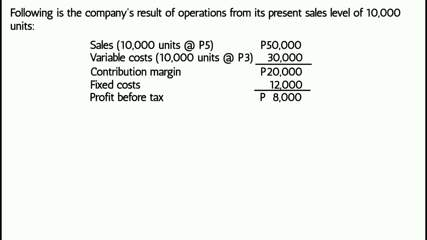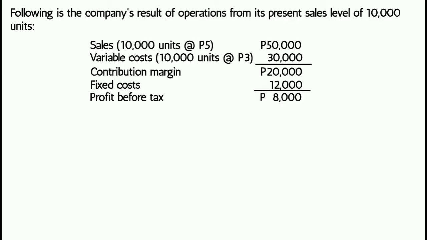Let us now apply the formulas by answering a problem. Following is the company's result of operations from its present sales level of 10,000 units. Sales 10,000 units at a selling price of 5 pesos per unit, 50,000 pesos. Variable costs 10,000 units at 3 pesos variable cost per unit, 30,000 pesos.